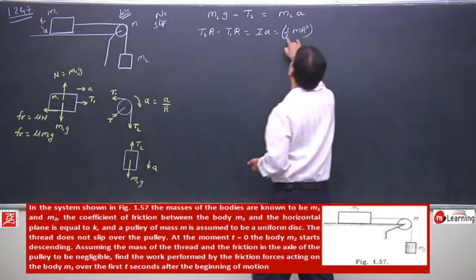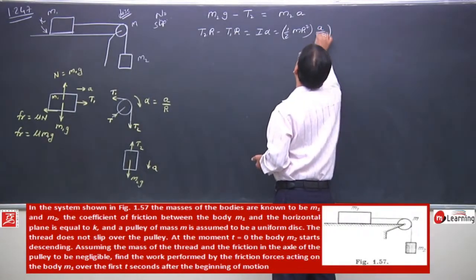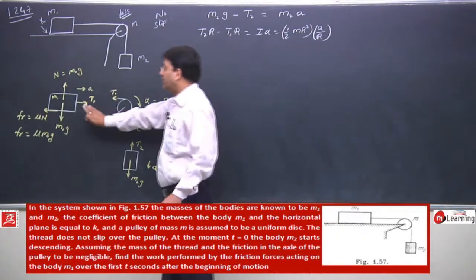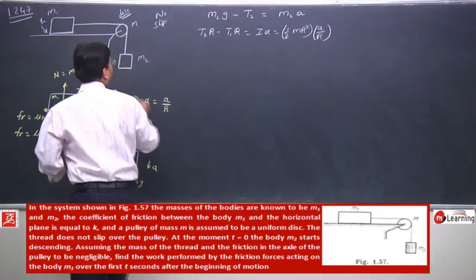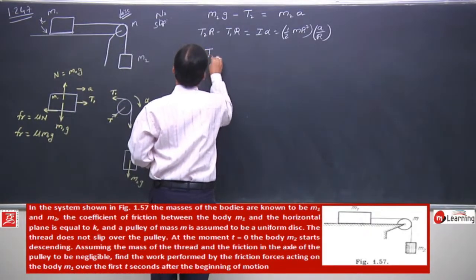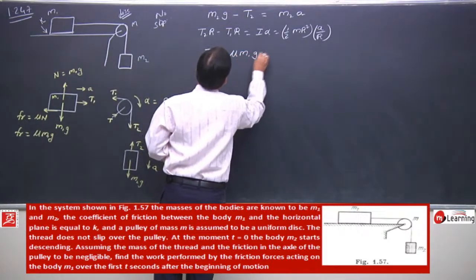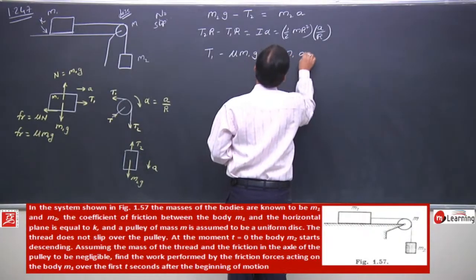I is half mR square and alpha is a by R. And for this I will write T1 minus mu m1g is equal to m1 into a.